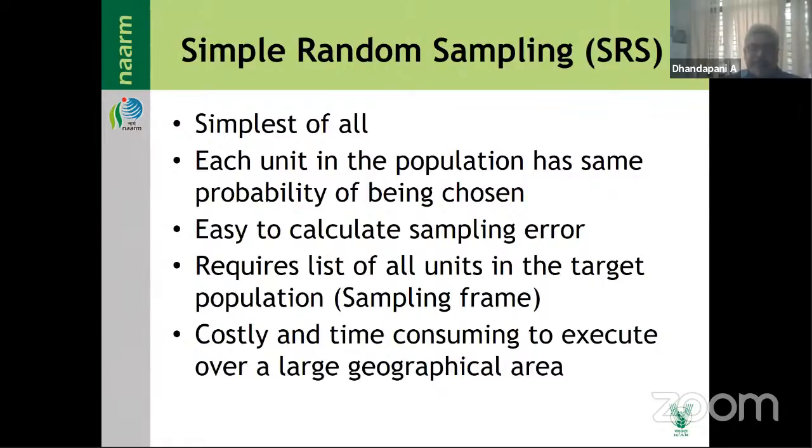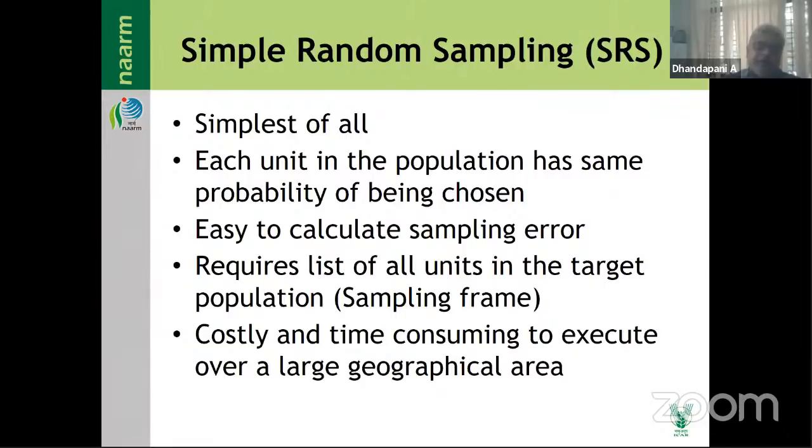But many times I just ask them, what do you mean, what is your strata? Then people get confused, and then they say it is always stratified multi-stage random sampling.